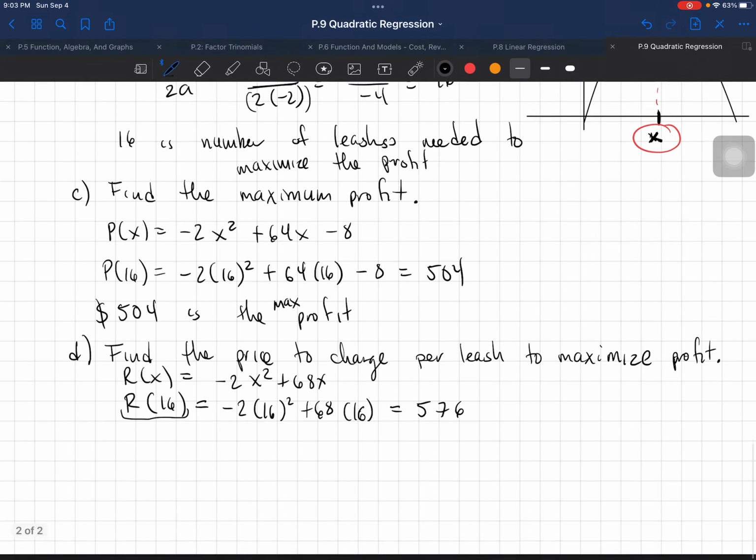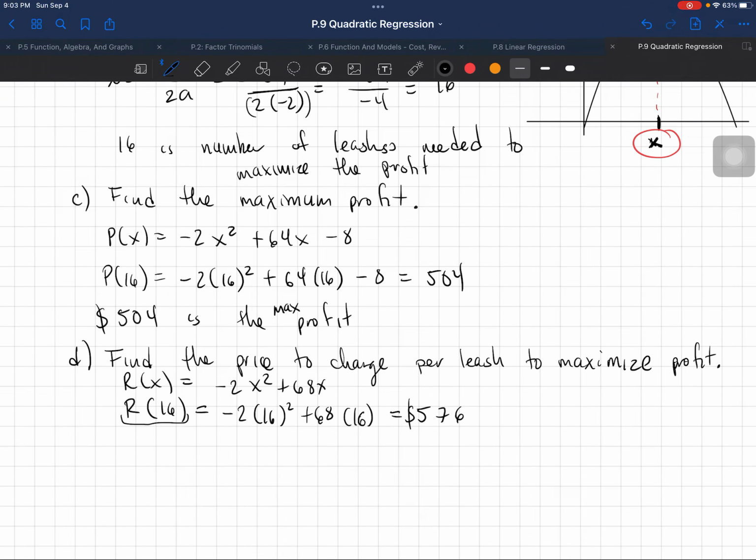That'll be 576. That's much better. So what we're saying here is that you got a total of $576 for selling the 16 items, right? That's the total. Well, if you want to know how much you got per item, what we need to do is divide the revenue by the number of items you sold.